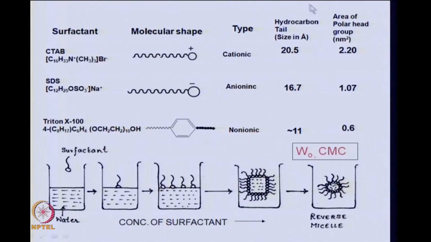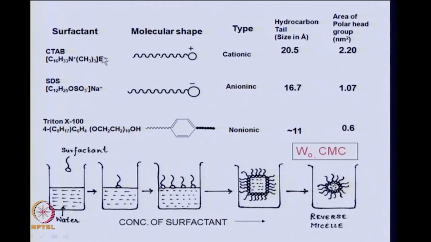Now, you can find out the typical hydrocarbon tail length, and it will have a typical head group area. This head group area and the tail length are very important in understanding what kind of aggregate these surfactants will make.